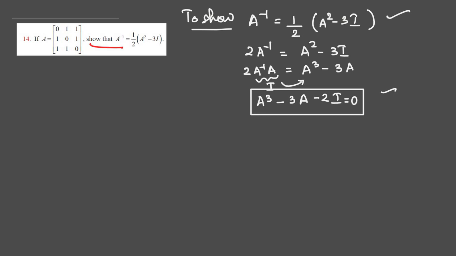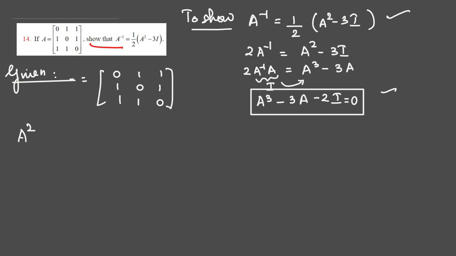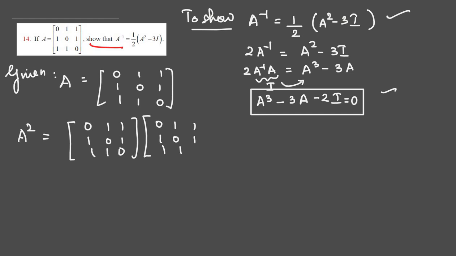So first we find what is A square. From the given question, A is equal to the matrix 0, 1, 1, 1, 0, 1, 1, 1, 0. We are going to find A square, which is A into A, the matrix 0, 1, 1, 1, 0, 1, 1, 1, 0 into the same matrix again.